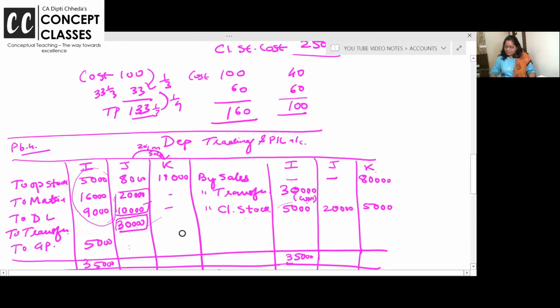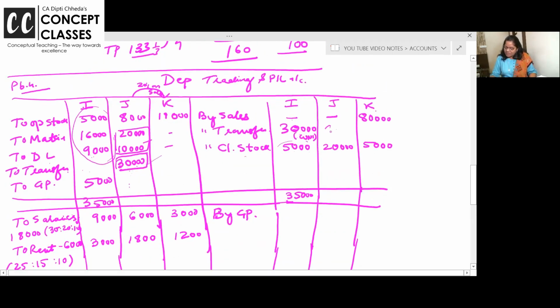Come now. I is transferring to, sorry, J is transferring to K. So J is giving, K is receiving. Working note 2. I want to repeat, J is giving, K is receiving.